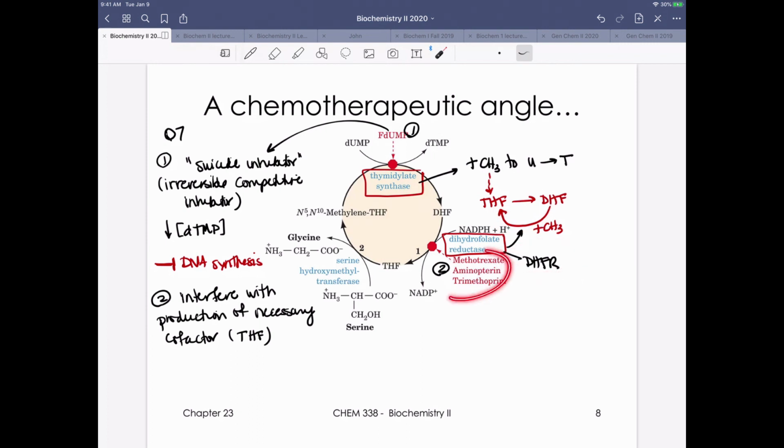Here are several potent chemotherapy agents that interfere with the activity of DHFR. So we're not directly inhibiting thymidylate synthase, but we are inhibiting the ability to make the precursor, THF, and then this methylene THF that you actually need to do the chemistry.